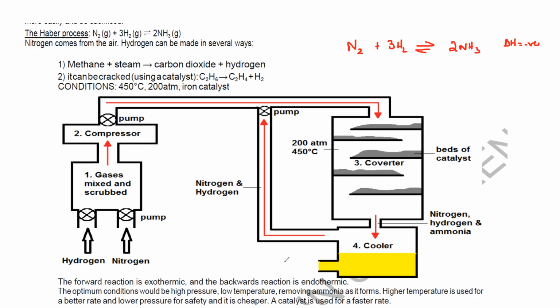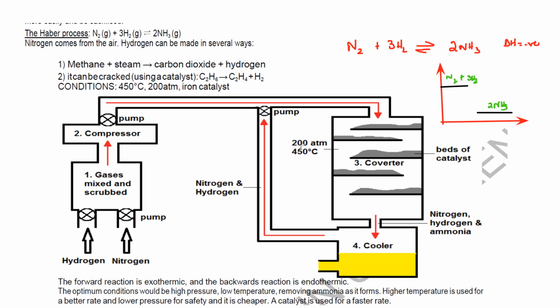So when the reactants form a product, the reactants have high energy and the product has low energy. So nitrogen and hydrogen have high energy whereas ammonia has low energy. So N2 plus 3H2 gives 2NH3.